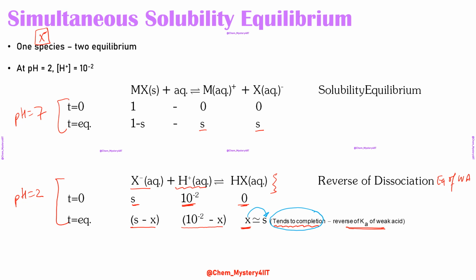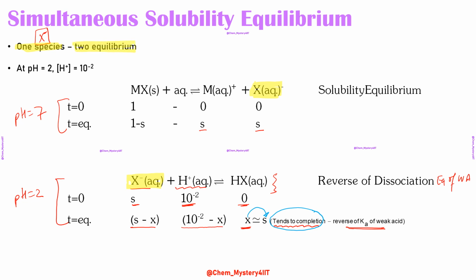Here we need to apply the simultaneous equilibrium for these two species, X minus ion over here and X minus ion over here. That is what we are saying. Simultaneous equilibrium is present for the X minus ion. This one species, X minus ion, is part of two different equilibria.